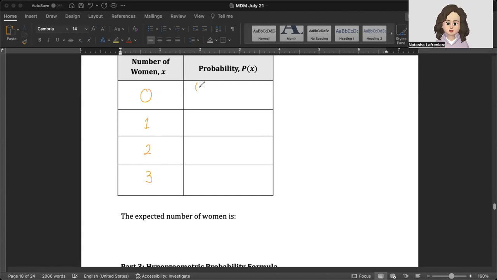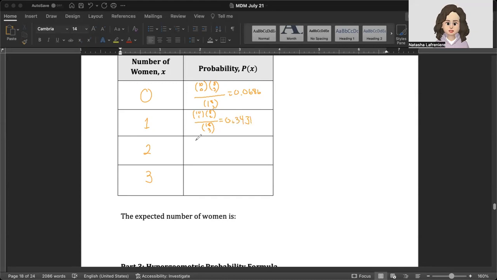The probability of it being 0 is C(10,0) times C(8,3) over C(18,3), which is equal to 0.0686. This one is going to be 1 woman, 2 men: C(10,1) times C(8,2) over C(18,3), which gives us 0.3431.